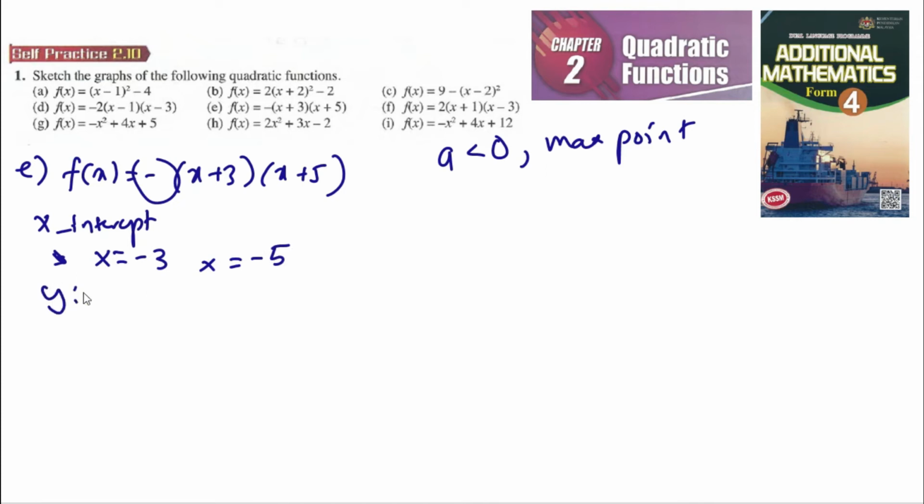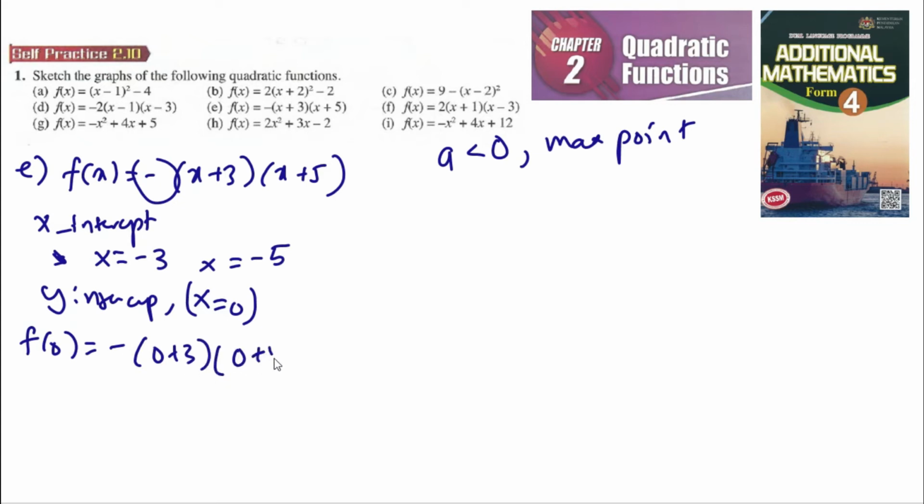And then the y-intercept means x is equal to 0. When x is equal to 0, f(0) is equal to -(0 + 3)(0 + 5). So we get -3 times 5, which is -15.